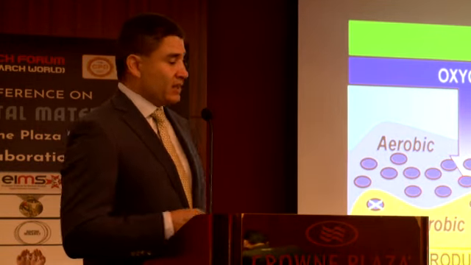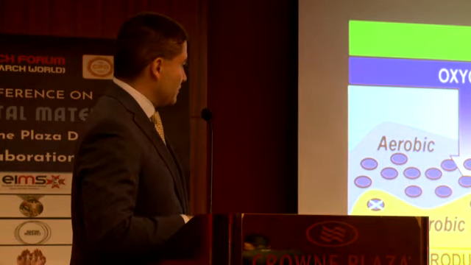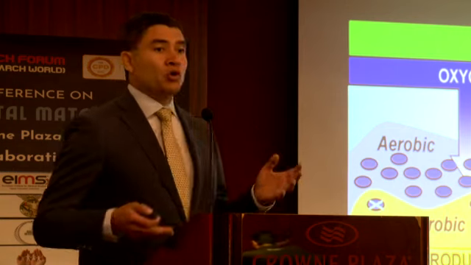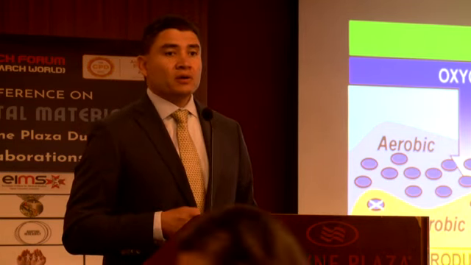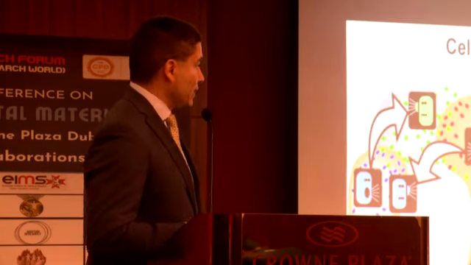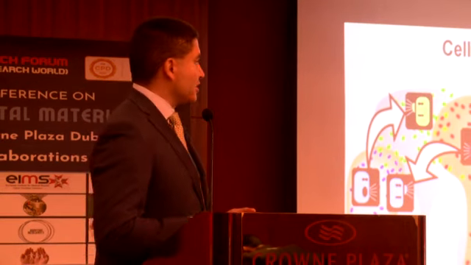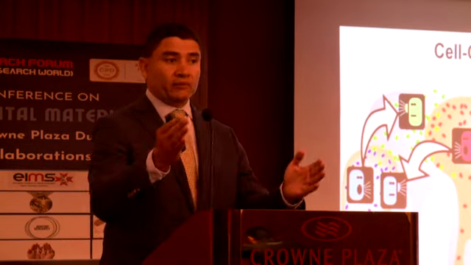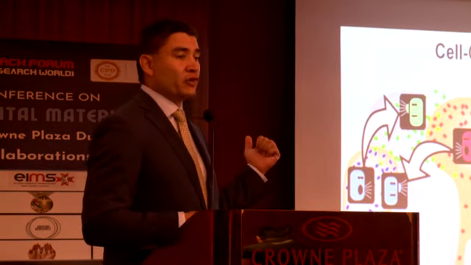So the waste products of this metabolism end up helping each other survive. Not only that, there is something called cell-to-cell communication. So what happens if we give an antibiotic to someone that has a biofilm infection, periodontal disease or peri-implant disease?